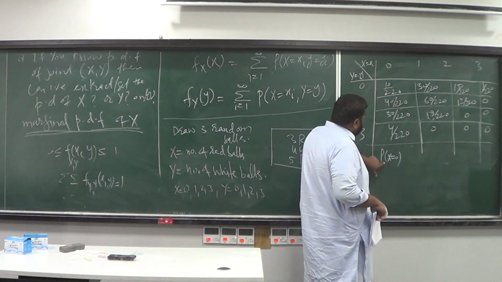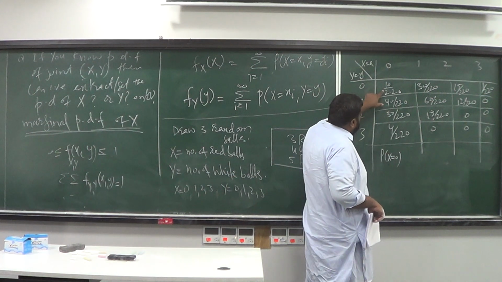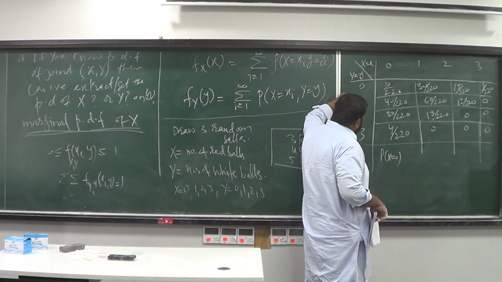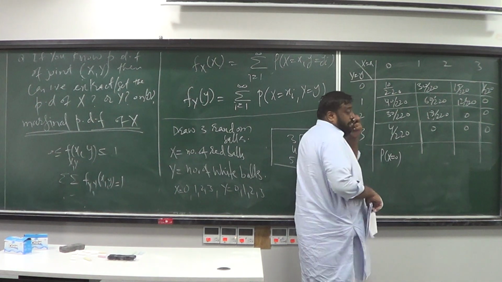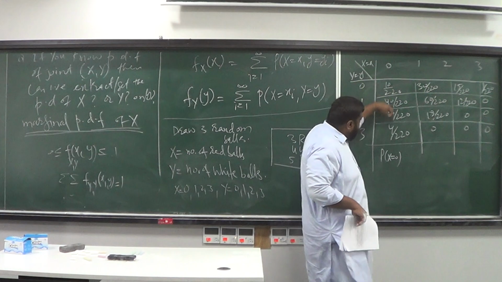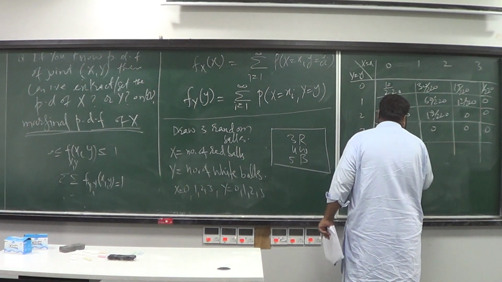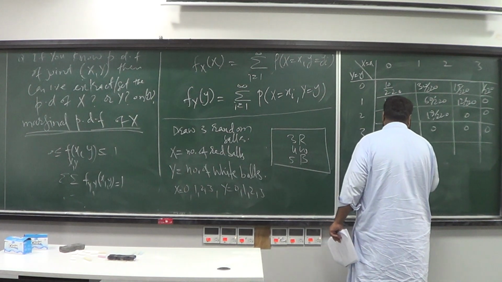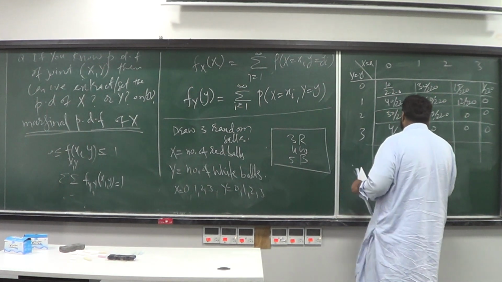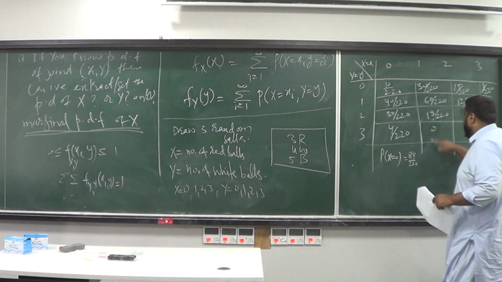That means Y can be 0, 1, 2, or 3. If you sum up all these, you get 84 by 220.